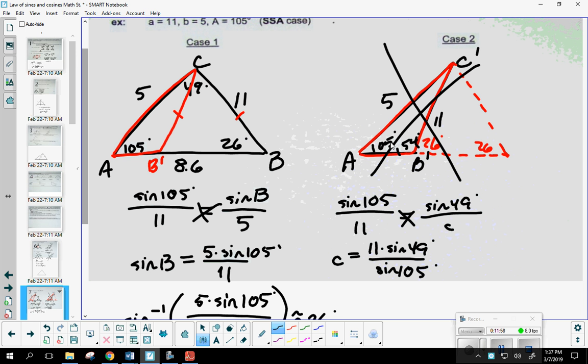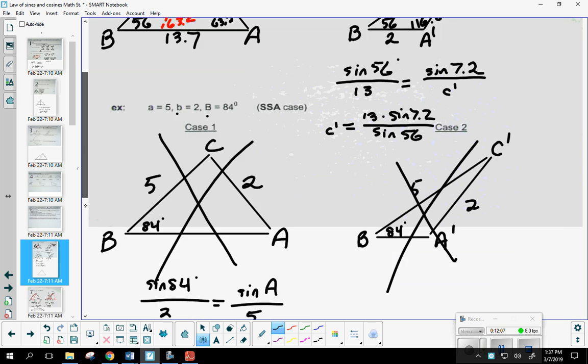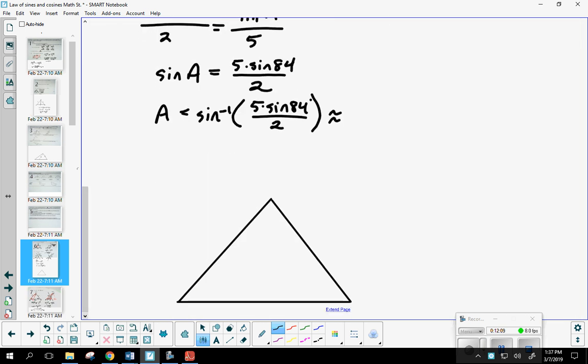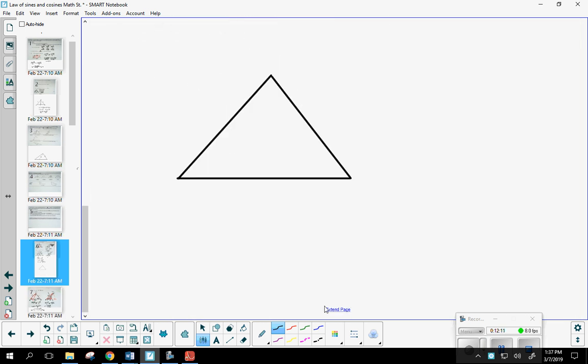Now, I put something together based on a question that Eli asked the other day. I have a triangle right here, because I think that's the end of the notes, correct? Let's say we have a triangle, and it had to do with an inverse sine. So let's say I have A, B, and C. Angle A measures 25 degrees, B is 50 degrees, and C is 105 degrees.